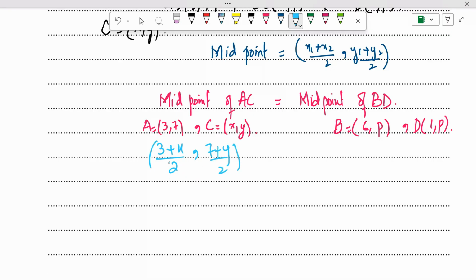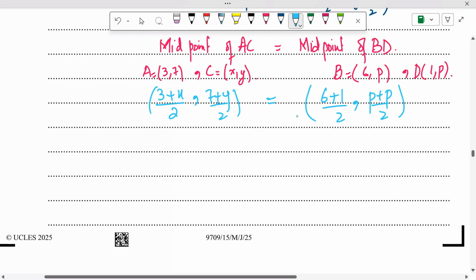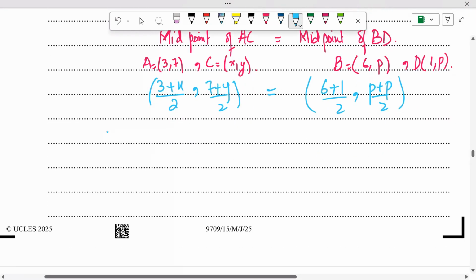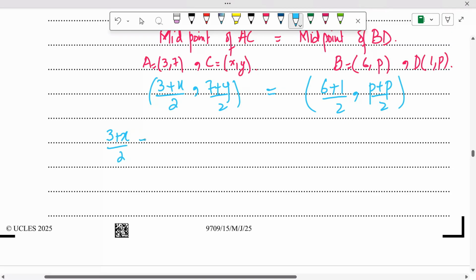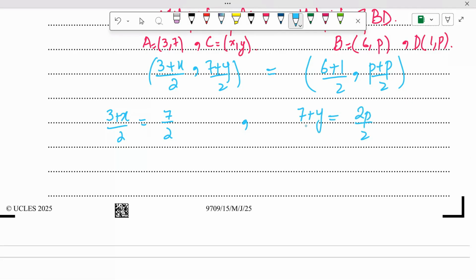This is the midpoint of AC, which is equal to the midpoint of BD, which is (6 plus 1) over 2, (p plus p) over 2. Comparing the x coordinate and y coordinate, we will have (3 plus x) over 2 is equal to 7 over 2, and comparing the y coordinate, we will have (7 plus y) over 2 is equal to 2p over 2.